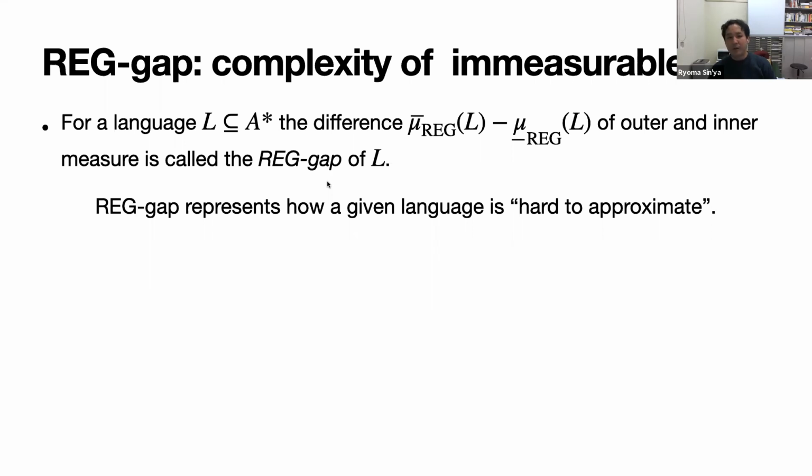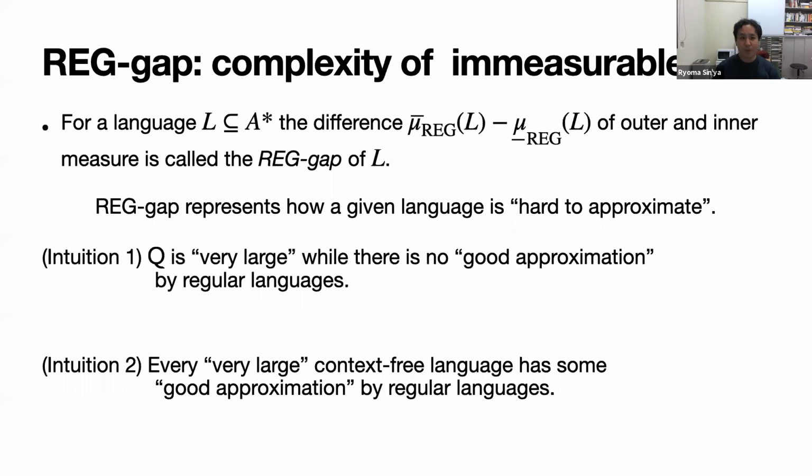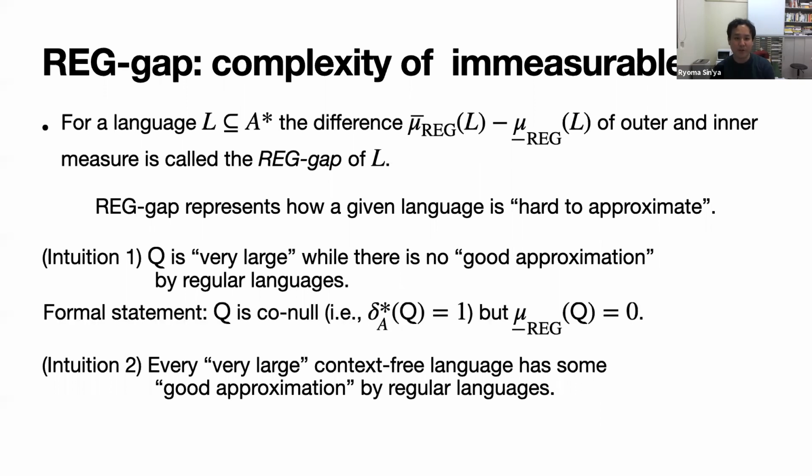And if the regular gap is 1 for some language L, it means that L is very hard to approximate. My previous intuition can now be formalized as follows. Q is very large means Q is null, density 1, but its lower measure is 0. There is no lower regular approximation.